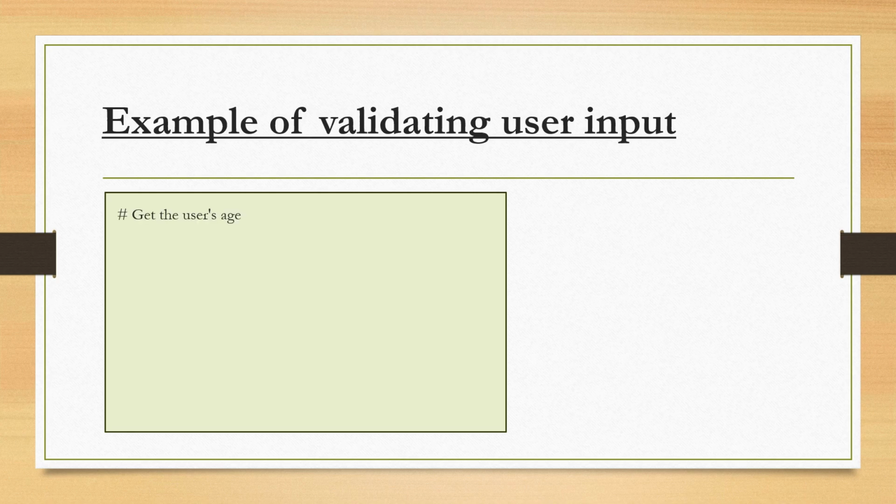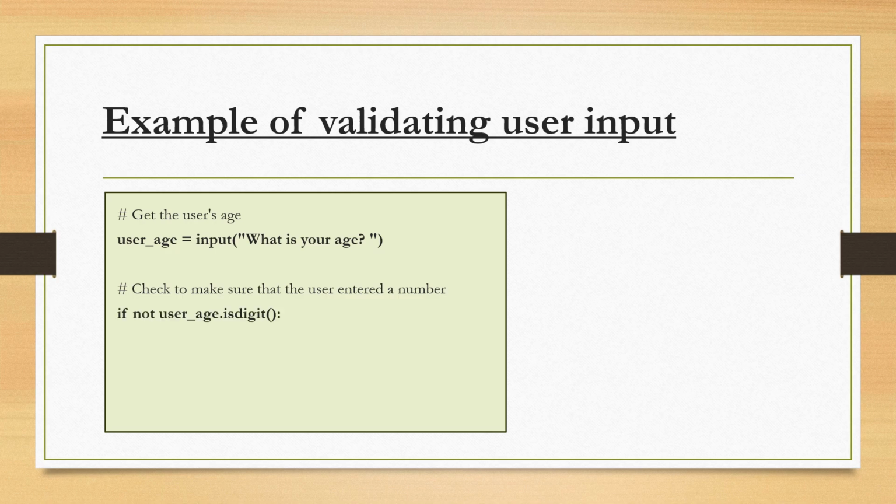So, get user age. User age will be in numbers, so we are going to use only int input. We can also use one inbuilt function for checking whether it is a number or something else. For that we are going to use this inbuilt function to make sure that the user enters a number.